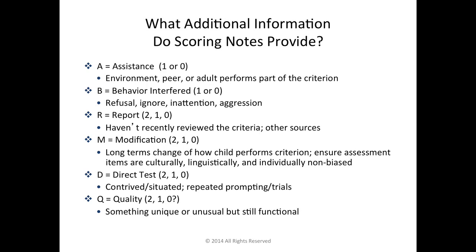So we have to remember what we expect from children at this age should be some level of refusal, ignoring, inattention, and aggression. Those sorts of things. There are 3, there are 4, there are 5, and on top of that, they may have a developmental delay. So we need to be really careful that we interpret the B with some of our knowledge about brain research, our knowledge about what are developmentally appropriate expectations, and so forth.